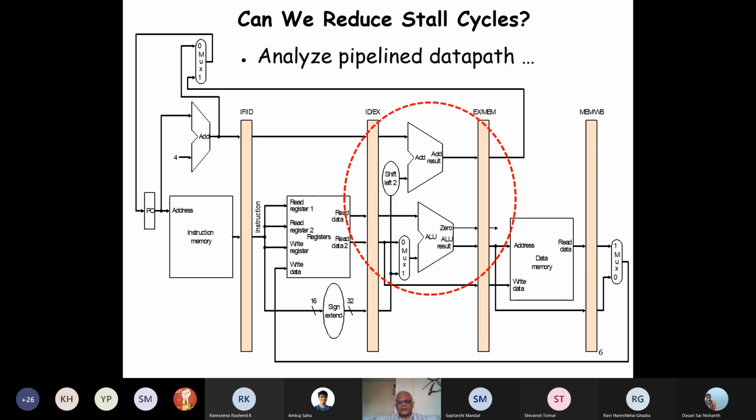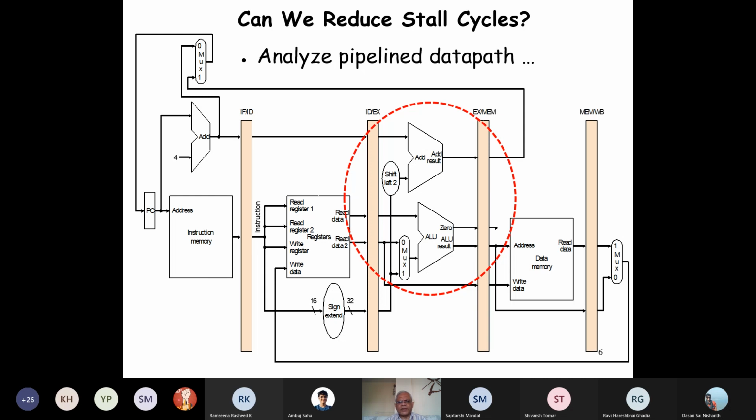For the MIPS pipeline, we said that two instructions we need to stall. So the penalty after a branch is that two instructions we cannot execute. But wait, can we reduce the stall cycles?